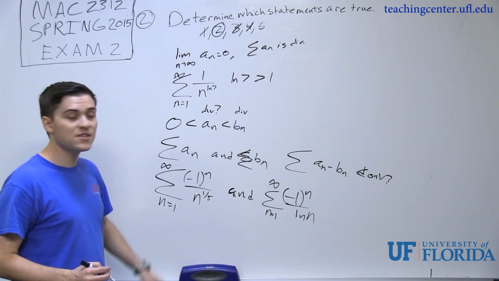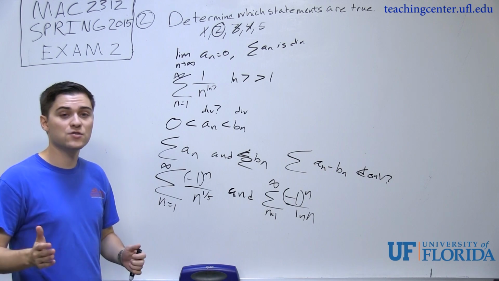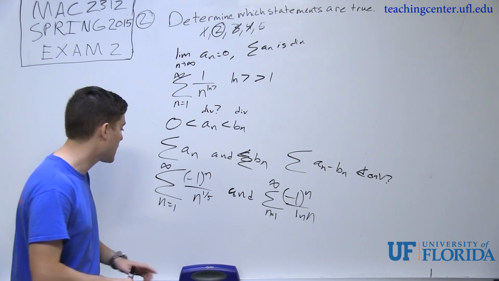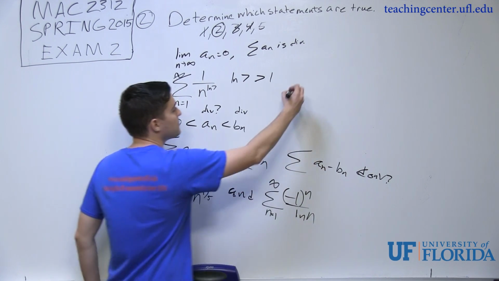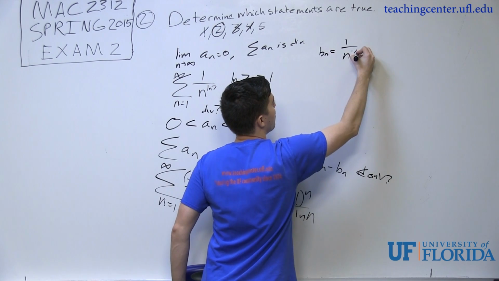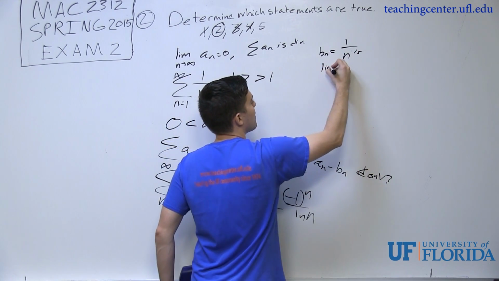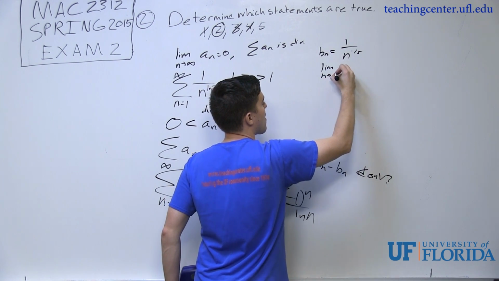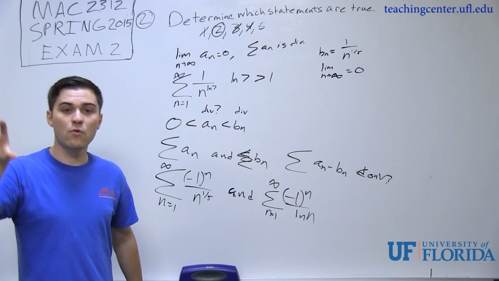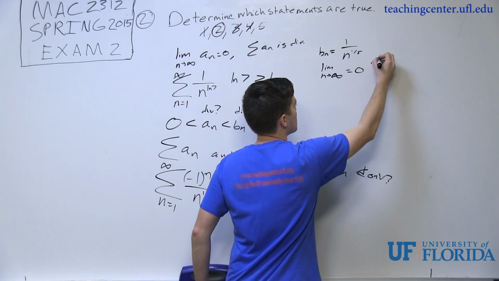For the alternating series test to hold, the limit of b sub n as n goes to infinity has to be 0, and b sub n has to also be decreasing over time. My b sub n in this case is 1 over n to the 1 over 5. If I take the limit as n goes to infinity, is it 0? It is. The bottom is growing, the top is not, so it goes to 0. It satisfies that first criteria.